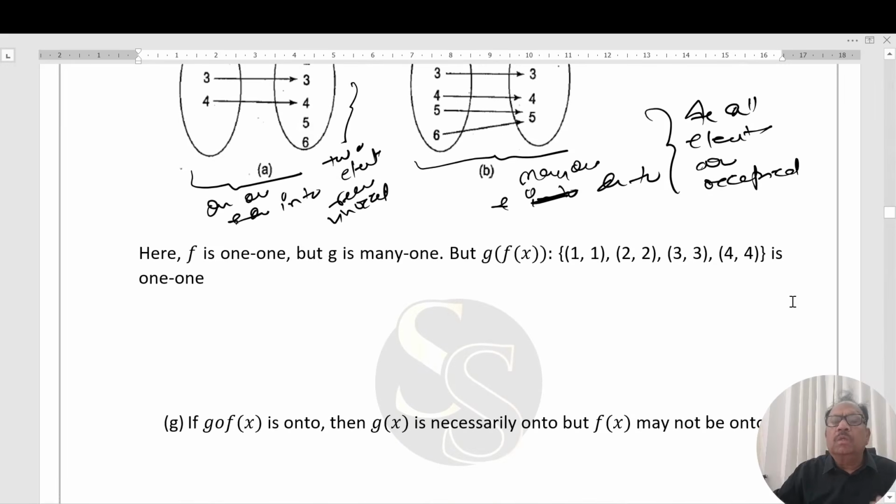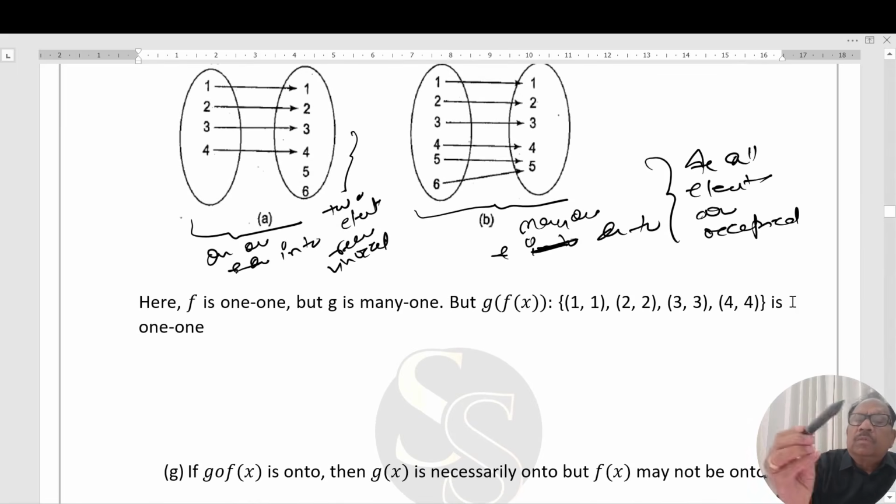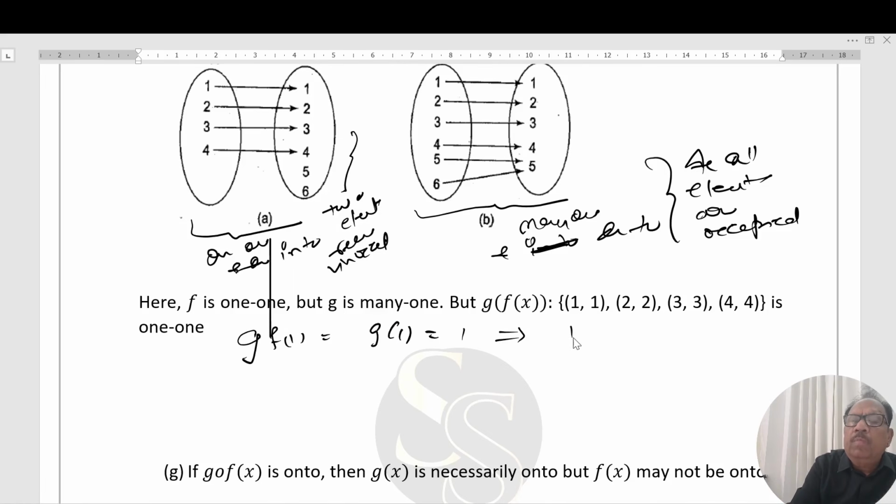Now, in this case, it is saying g o f is 1-1. How to find it out? gf(1) will be g of f(1); f(1) answer is 1, g(1) answer is 1. That becomes 1-1. gf(2): g(2), this answer is 2.